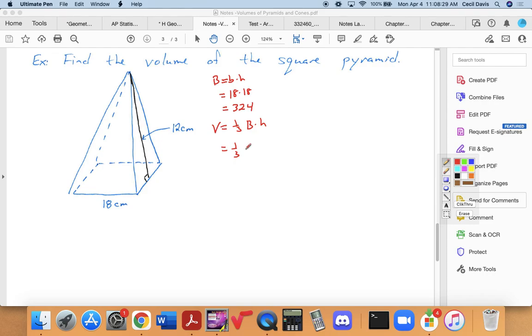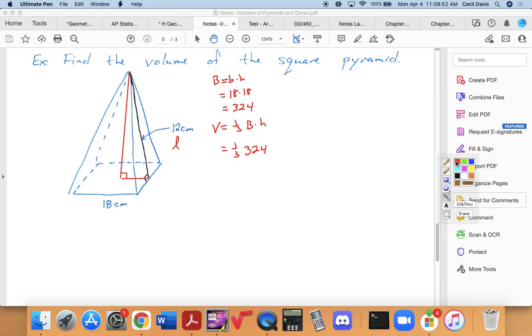So it'd be 1/3 times 324. And this is where people sometimes go, oh, times 12. Is that the height? No, that's the slant height. So we want to find the height. Well, the height should come right down the middle, and make a right angle here.